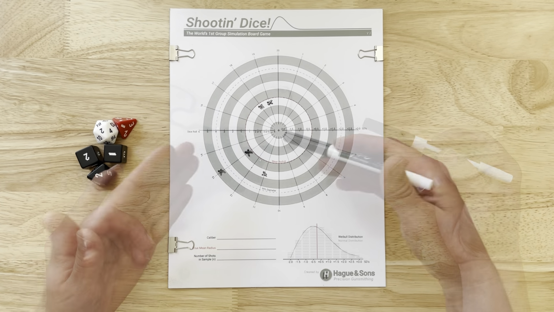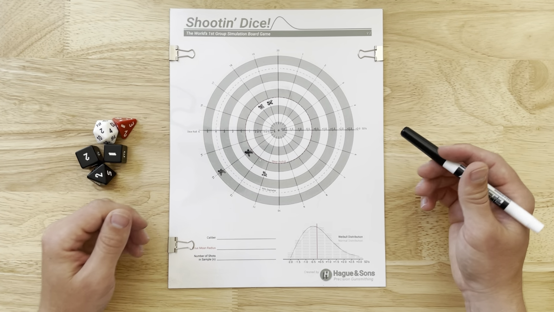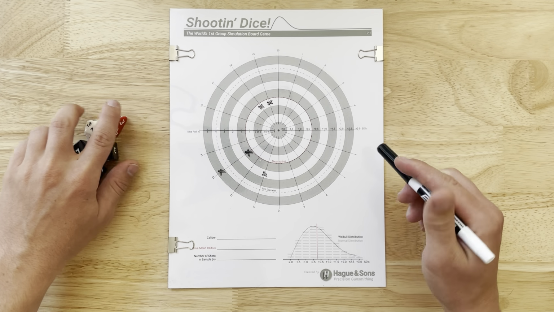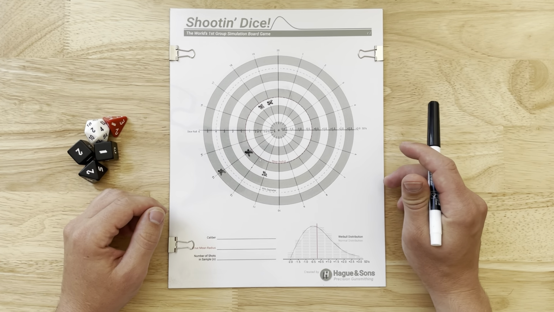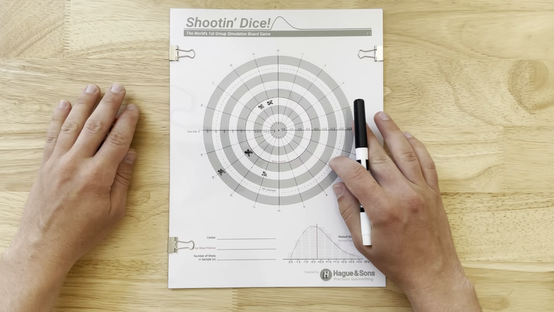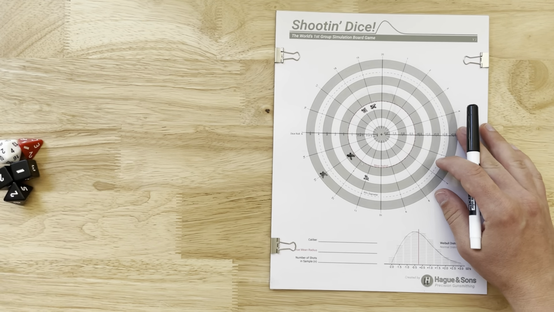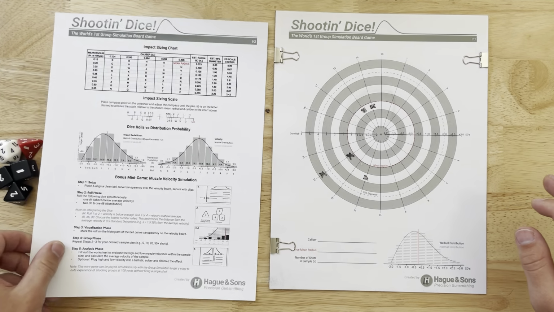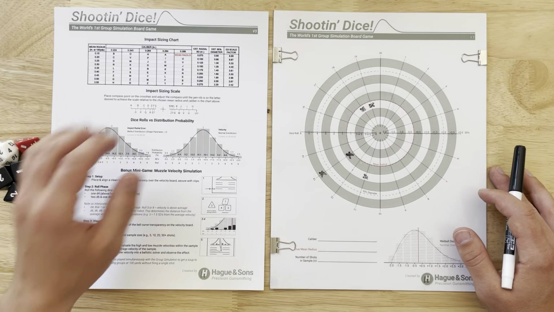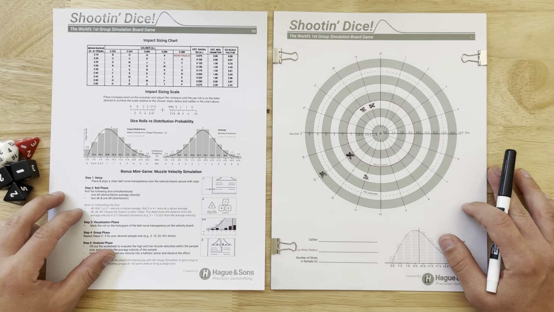we can scale this to the mean radius and the caliber that we're wanting to shoot using this impact sizing chart in the instructions.